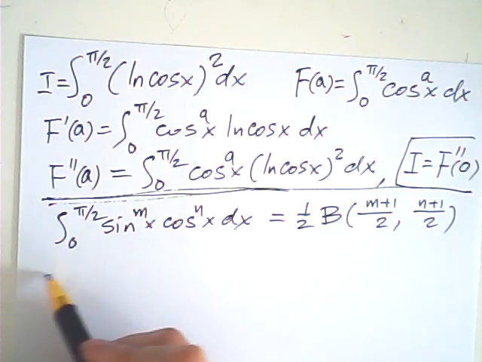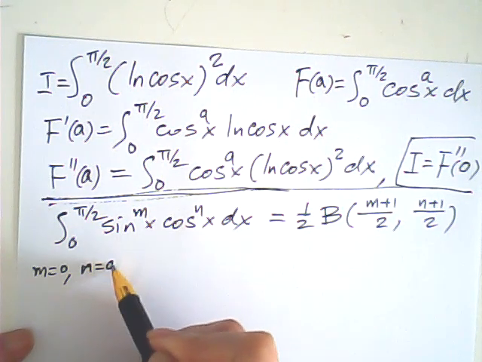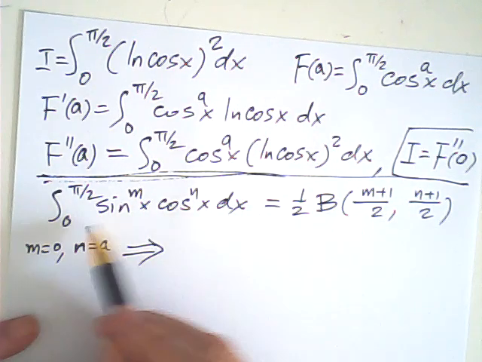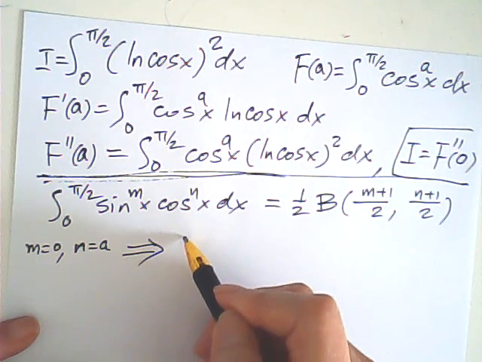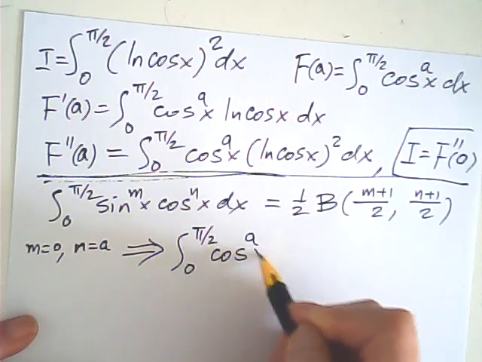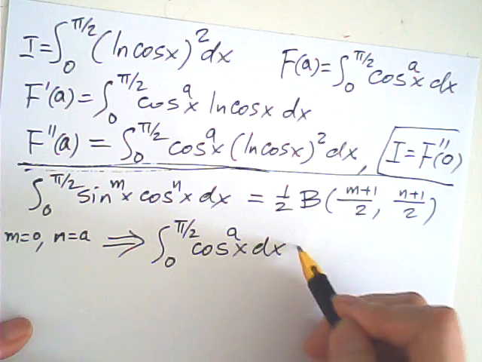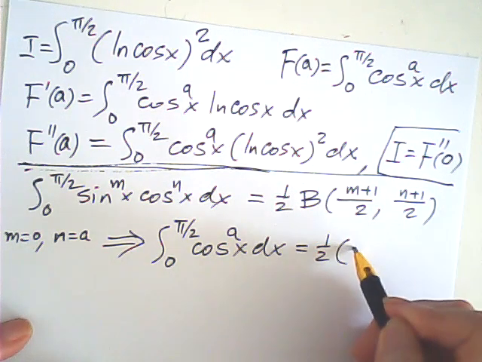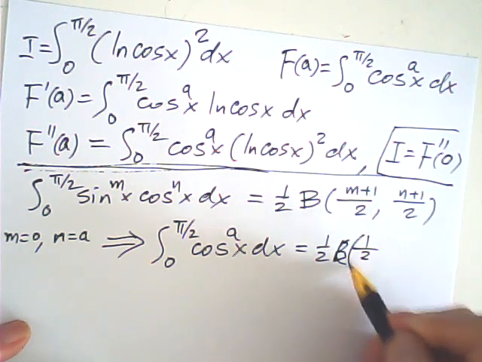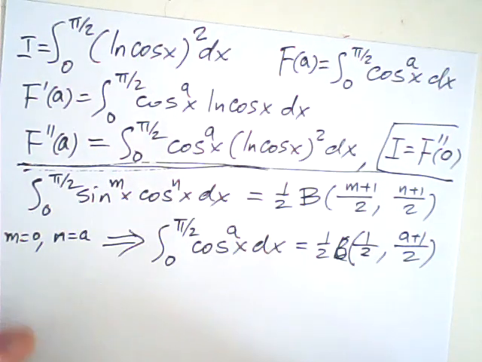And if m equal to 0, n equal to a, then this integral becomes exactly cosine to the power a dx, right? That is my f of a, which is equal to 1/2 of the beta, b of 1/2 and a plus 1 over 2.